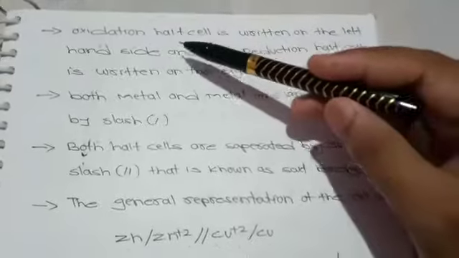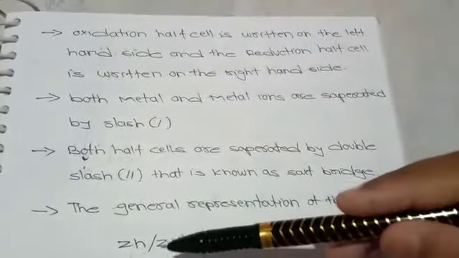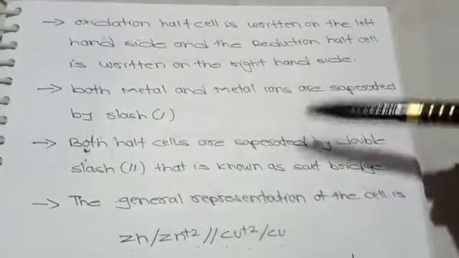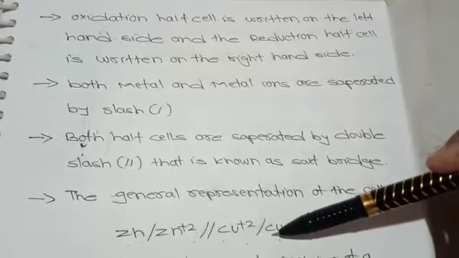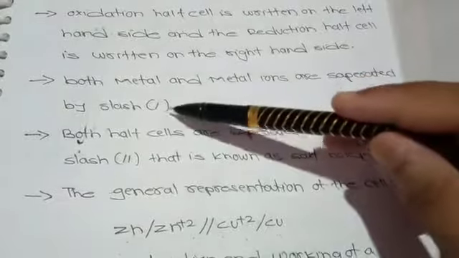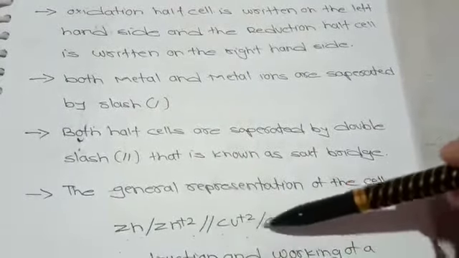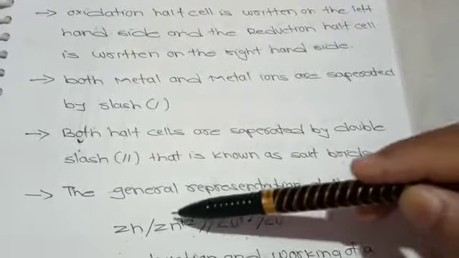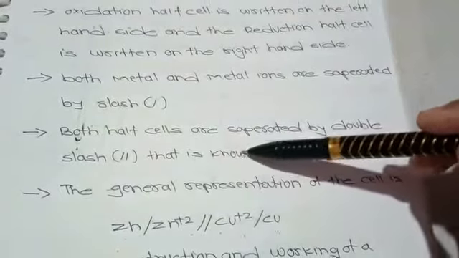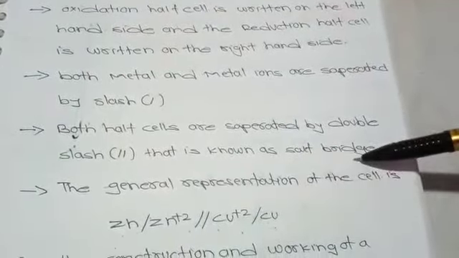See, the oxidation half cell is written on the left hand side, and the reduction half cell is written on the right hand side. Here the metal and metal ions are separated by a slash, and both half cells are separated by a double slash, which is known as your salt bridge.